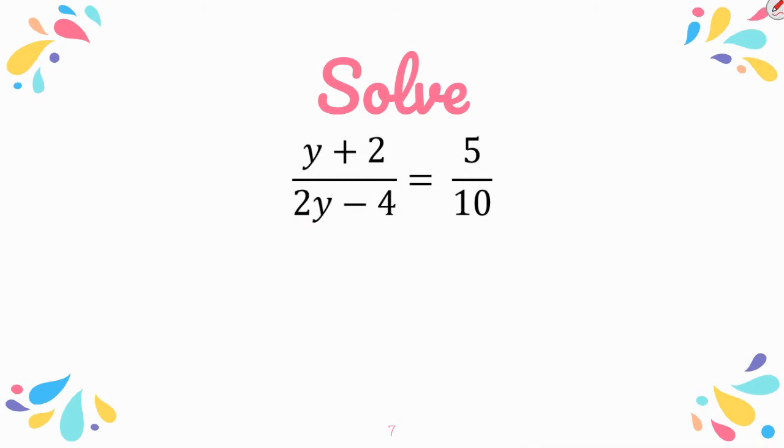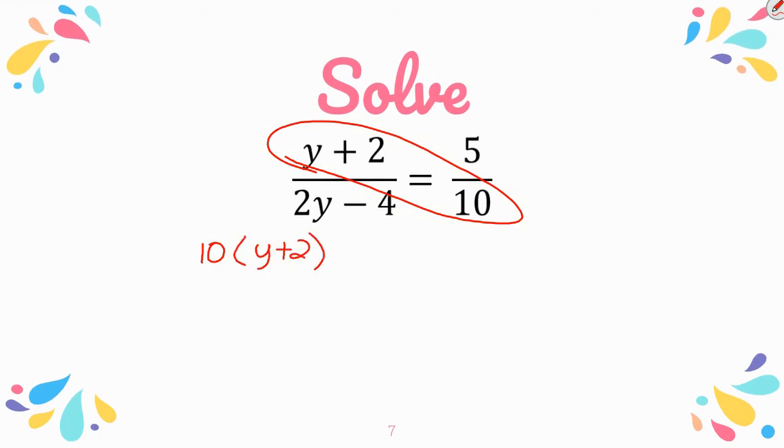Notice we have a fraction with an expression on the top and the bottom. We're just going to do the same thing we did in the last one. 10 times y plus 2. So 10 times, in parentheses, y plus 2. Don't forget those parentheses. Equals 2y minus 4 times 5. So I'm going to put the 5 on the outside.